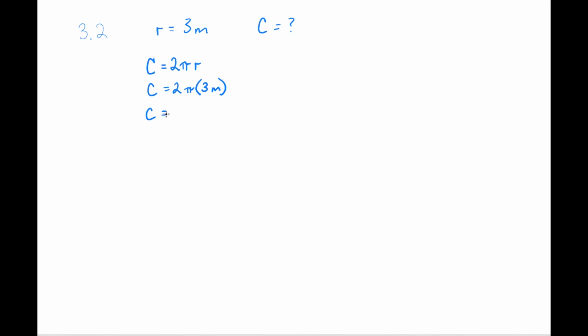So C equals 6 pi meters, right? And the unit of measure is always at the end. So now we need to do 6 pi. So C equals 6, and we know pi, we're going to use 3.14 meters, right? So once we do that calculation on our calculator, we come up with 18.84 meters is our answer.